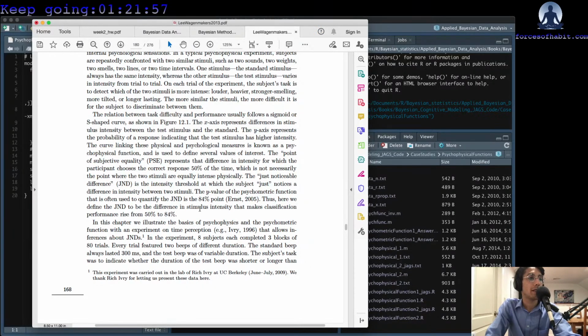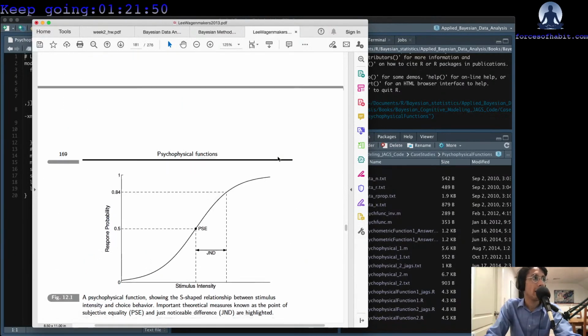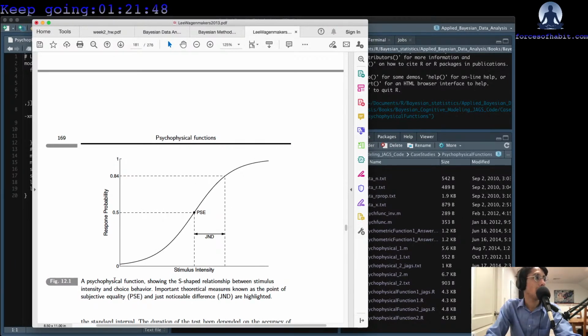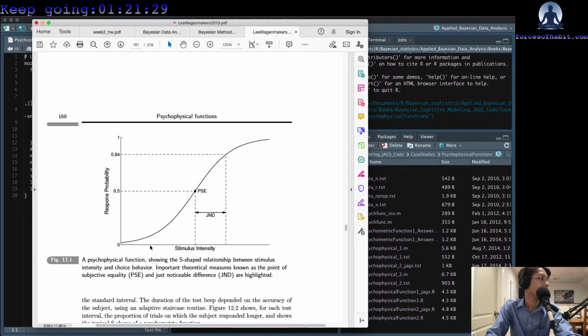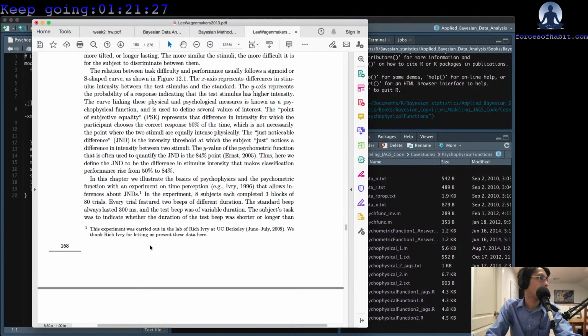In theory, as we vary from trial to trial and people give their responses, this allows us to build individual curves representing these points we're describing here. The point where the subject would choose one option or the other at about 50% is the point of subjective equality, and then the maximum point here is the just noticeable difference.